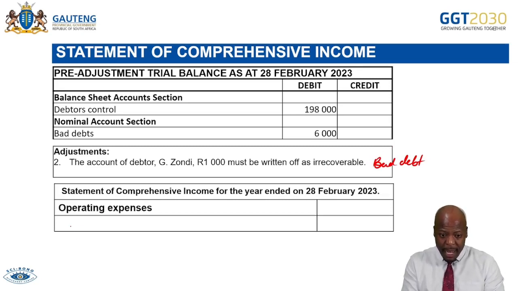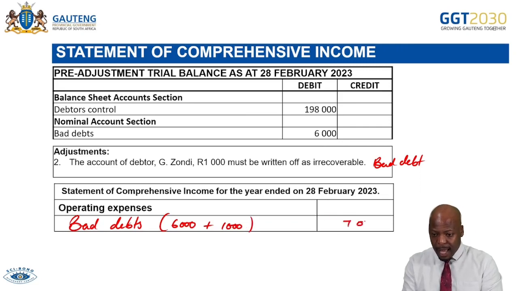So I'm going to come here and I'll say, here is my bad debts. I open my bracket. It is 6,000, and then I'm now going to say, oh, that 6,000 we're adding now. How much are we adding? 1,000. In total, how much is my bad debts? 7,000. My bad debts are 7,000.